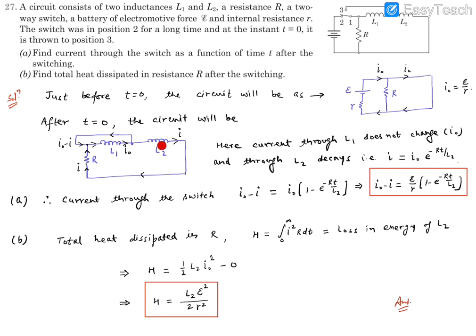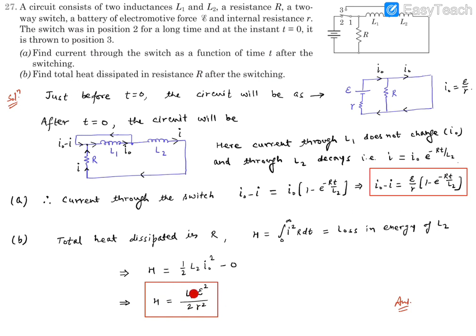So L2 will lose its stored energy, and whatever energy it loses must be dissipated as heat by the resistance. The loss in energy of L2 is initially half L2 I0 squared, and finally the current becomes 0, so the final energy is 0. So the heat dissipated is half L2 I0 squared, and with I0 equal to E by R, it becomes L2 E squared divided by 2R squared.